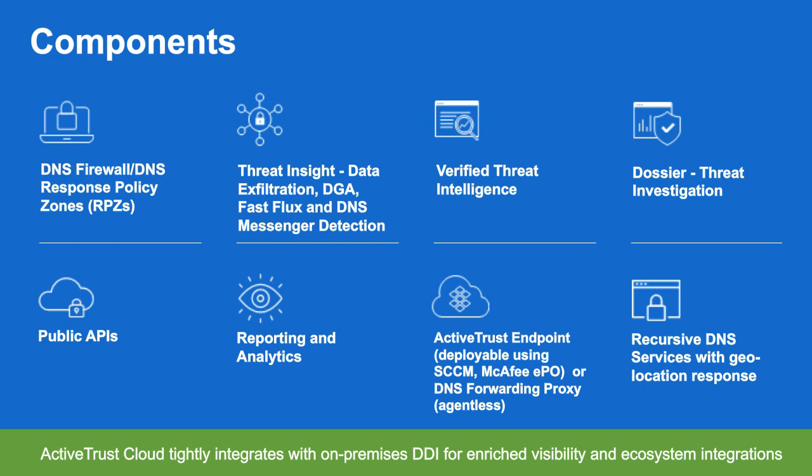Using these public APIs, you can pull that information out from ActiveTrust Cloud and include it in your SIEMs or put it into your vulnerability scanners or any other endpoint security tools to take further action on these malicious hits that ActiveTrust Cloud detects.